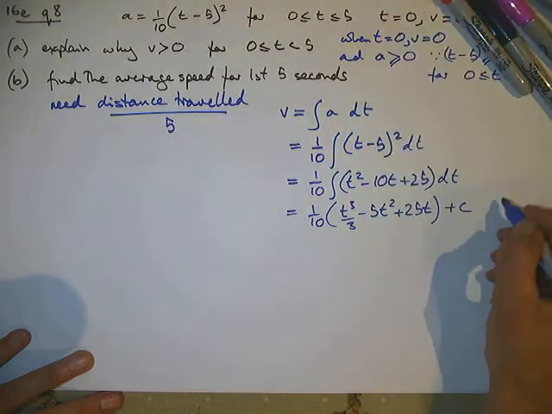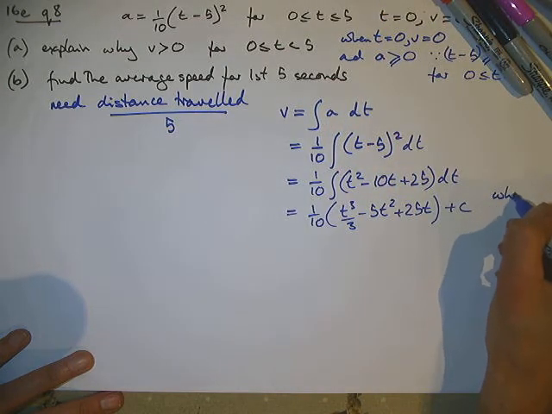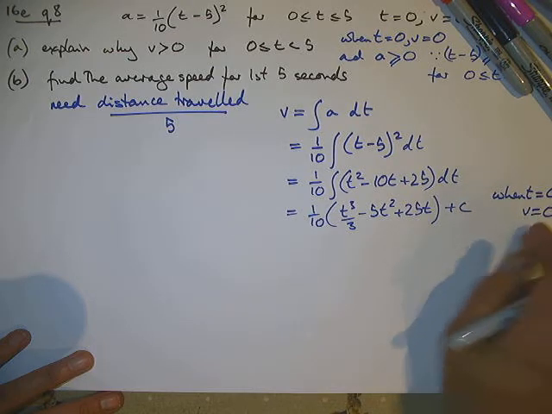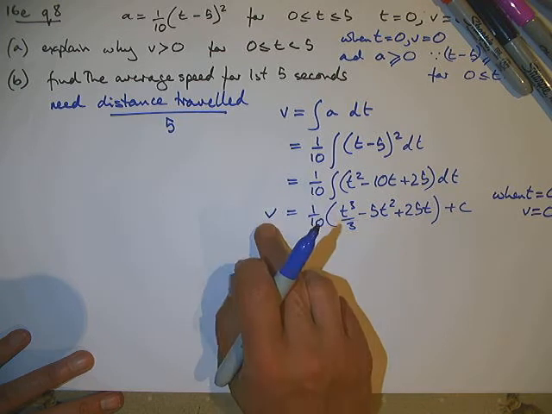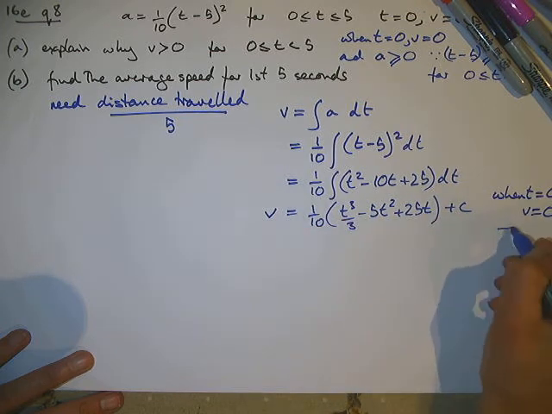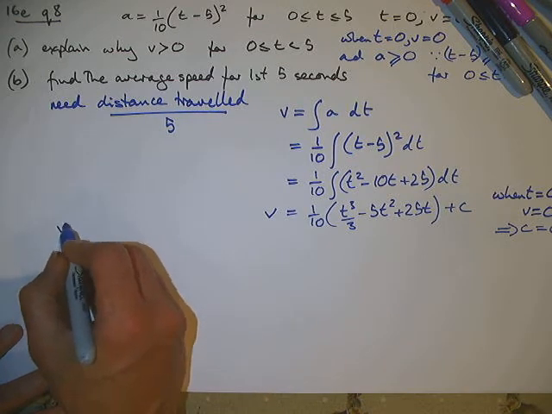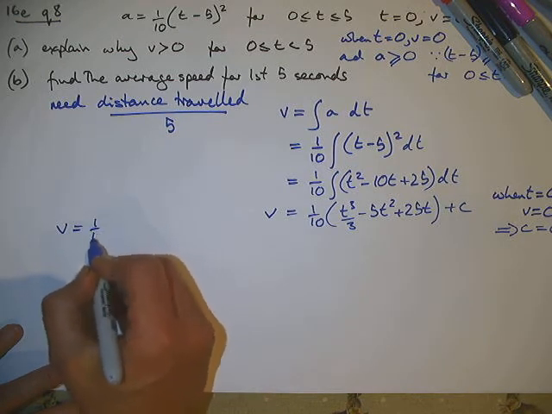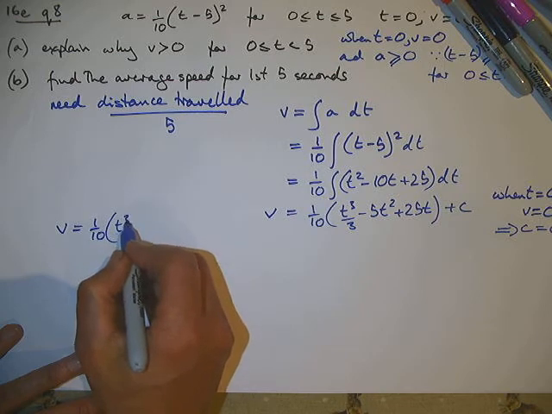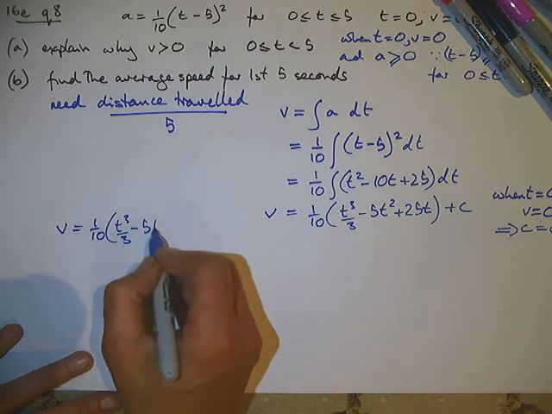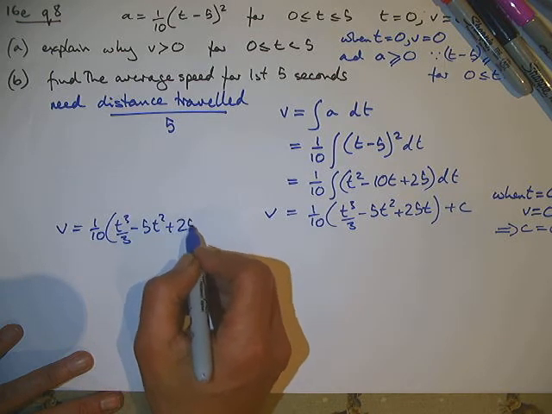When t is 0, v is 0. So if I put a 0 here and 0's here, we find that c is 0. So v is a 10th of t cubed over 3, take 5t squared plus 25t.